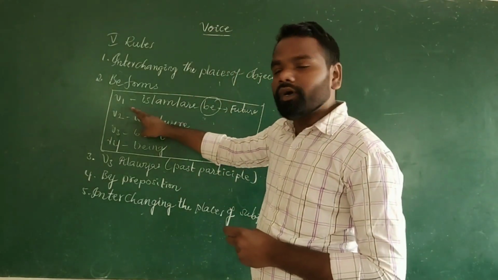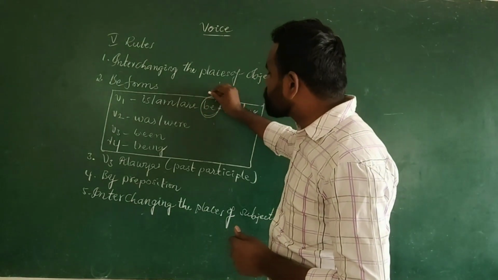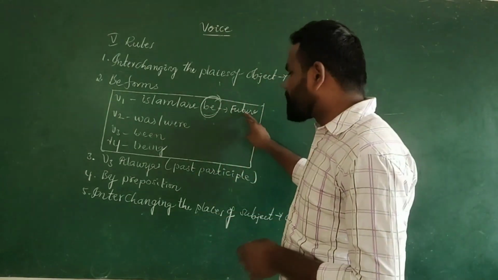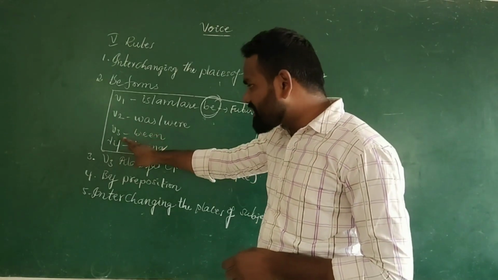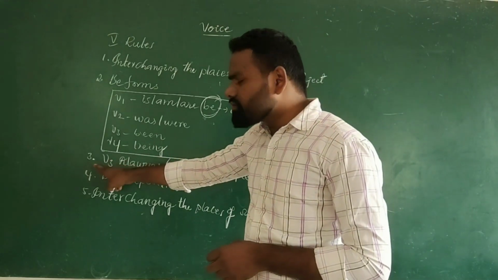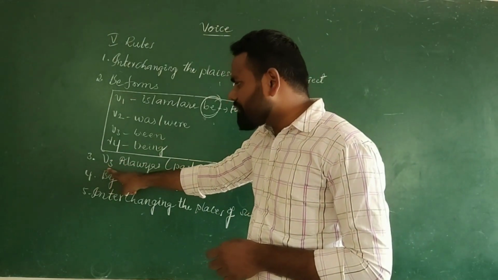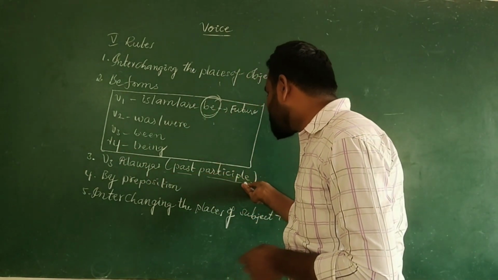Be forms: V1 is, am, are, and be, which we use most of the time for the future tense. V2 is was, were; V3 is been; V4 is being. And the third step is V3. This V3 is always the past participle.